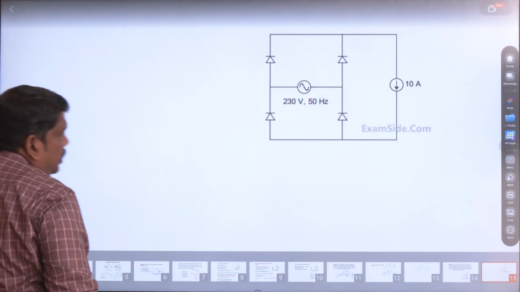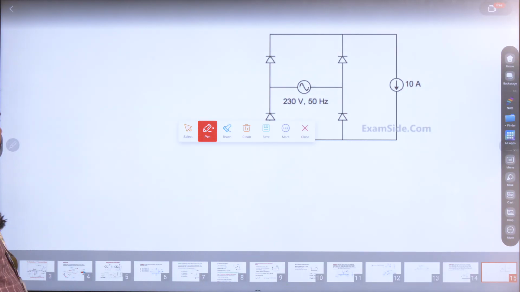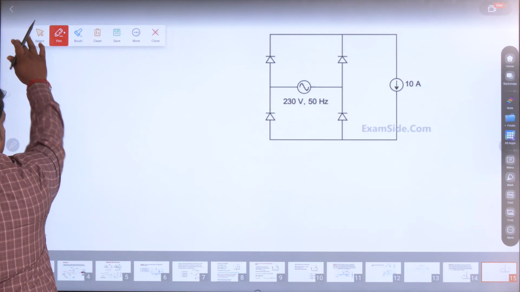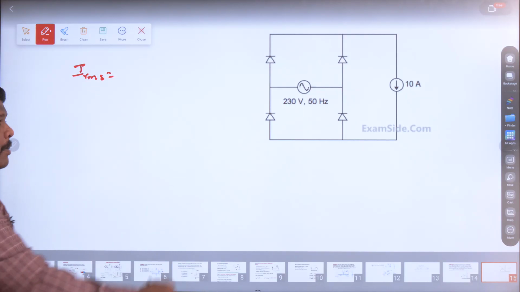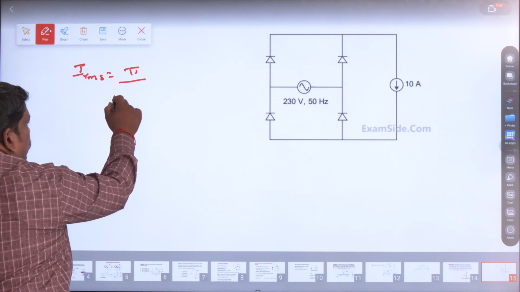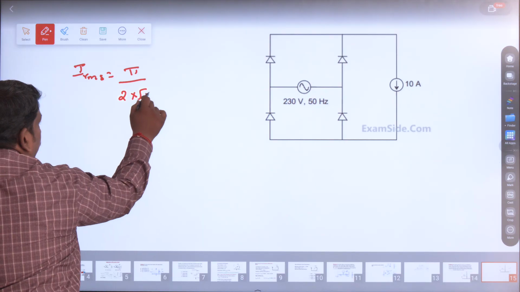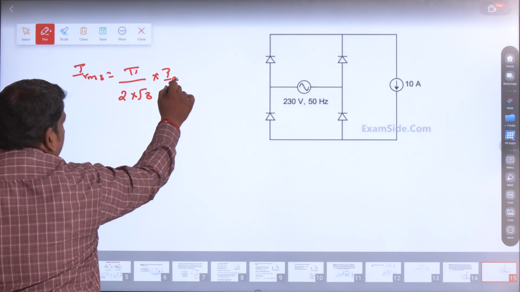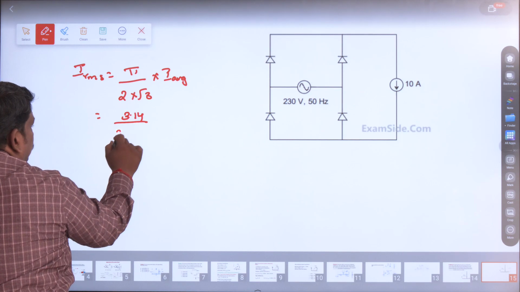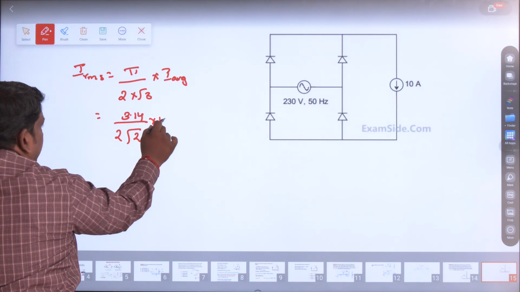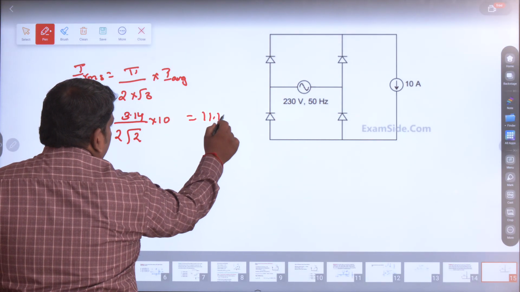The IRMS value is given by the formula for calculating the RMS current: IRMS is equal to pi divided by 2 root 2 into I average. Here pi is 3.14, and I average is 10. If you simplify this, you will get 11.11.